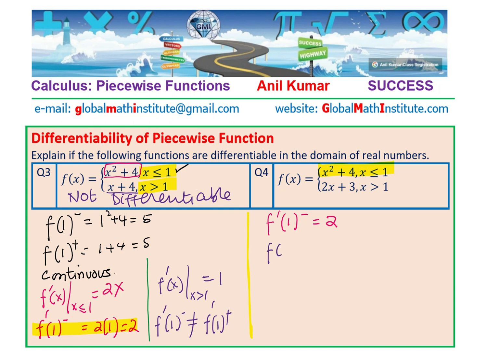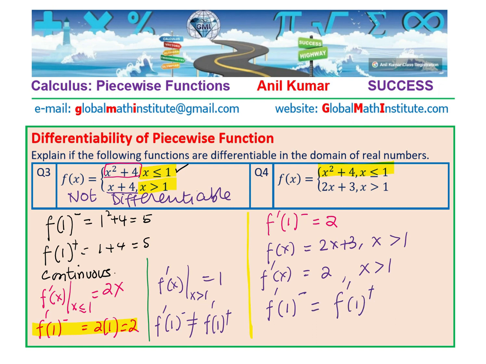So the right hand function f of x is equal to 2x plus 3 when x is greater than 1, and the derivative of this function is 2, right? Which is a constant. So we have found that the derivative at 1 from the left side is equal to the derivative at 1 from the right hand side, and therefore this function is differentiable.